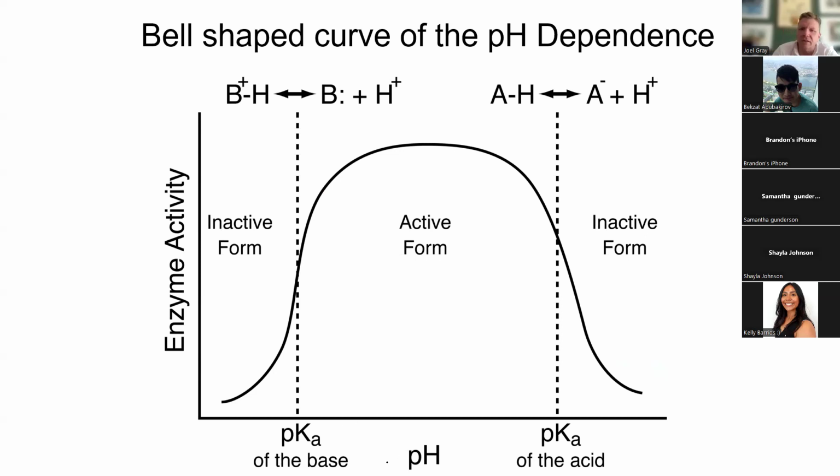Now, this x-axis down here is just labeled as pH. We don't have it defined because this is going to vary quite a bit. Some enzymes are going to have a pH range where they are most active from 11 to 11.5. Anything above or below 11.5 and 11 respectively, the activity is going to be super low, and that enzyme effectively is going to be inactive.